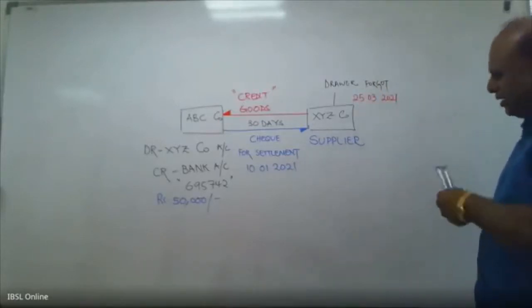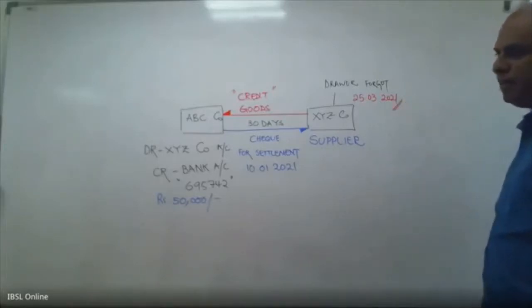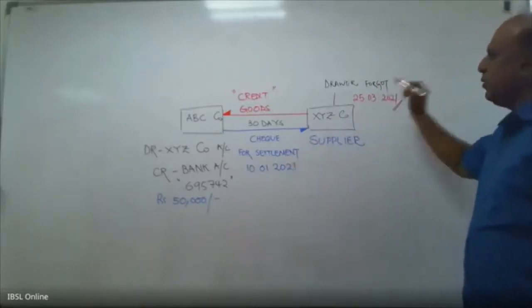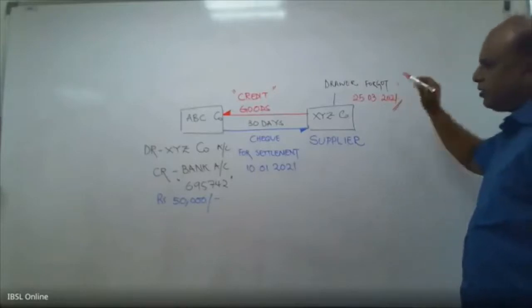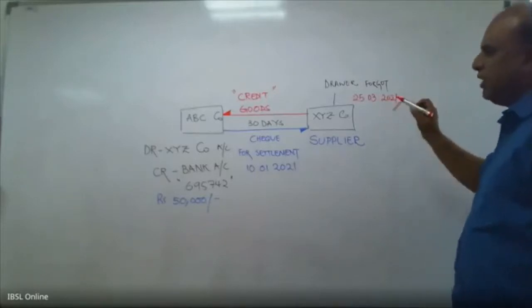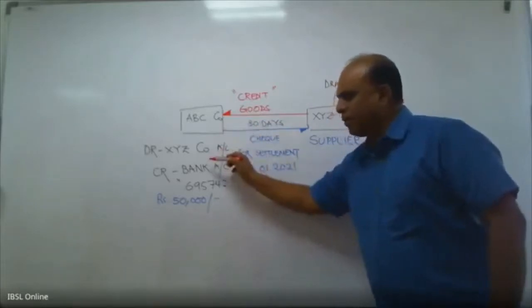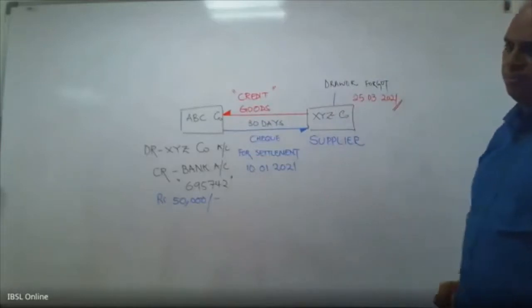So until this time, what will happen? This check will never get deposited to his bank account. If it is not getting deposited to his bank account, this will never reflect in your bank account because it has to come through the clearing house.